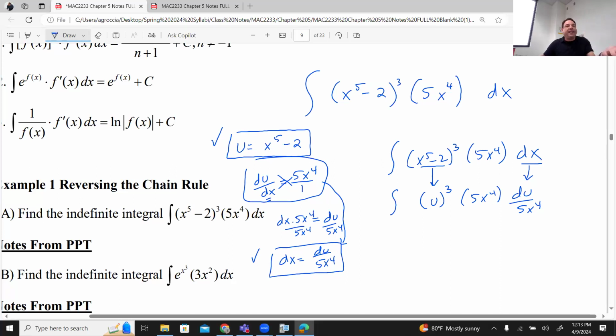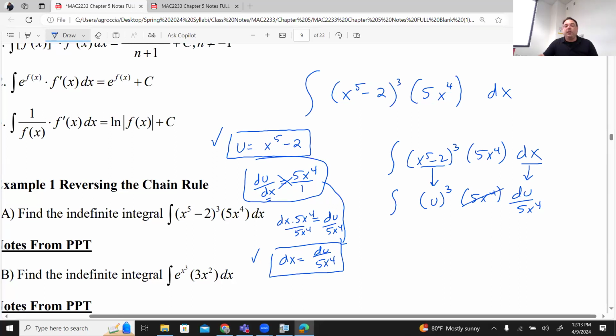You used to have x, now you have x's and u's, you've just made it harder. But if you take a second look at this, what ends up happening? Anybody see it?